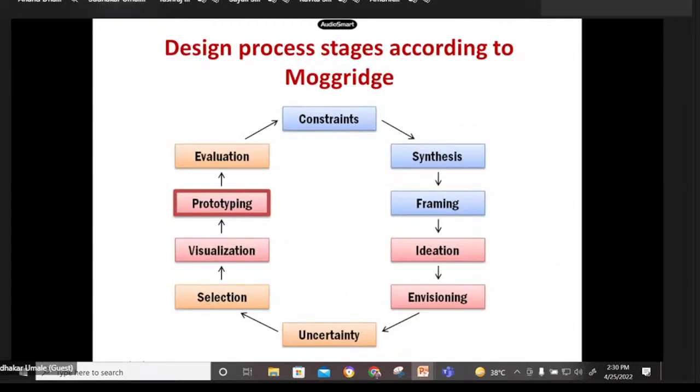So these are the design processes according to Morris: constraints, synthesis, framing, ideation, envisioning, uncertainty, selection, visualization, prototyping, evaluation, again construction. As time permits, I will explain all these design process stages.